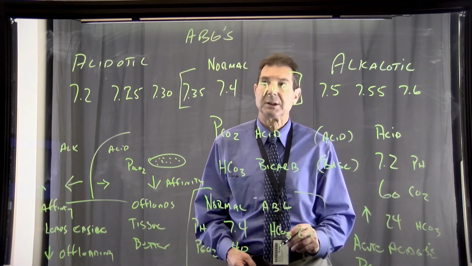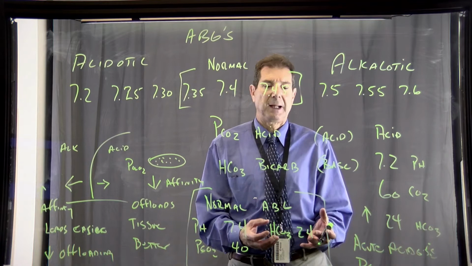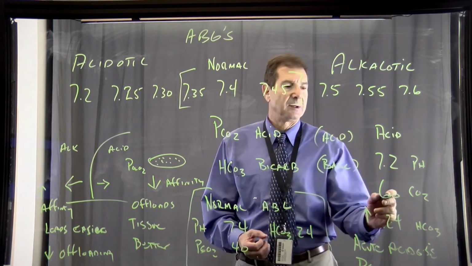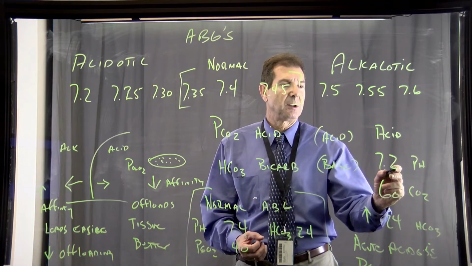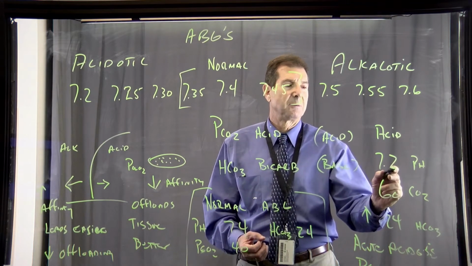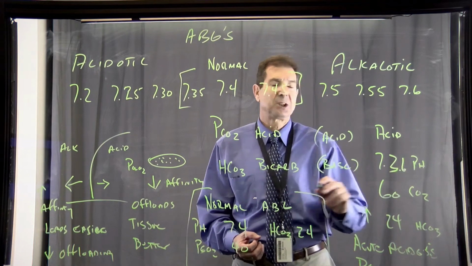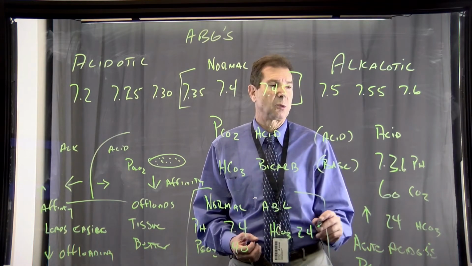It'll try to compensate for that high CO2. It'll hold on to base to balance out the acid. And little by little, this pH will come back into normal range. It'll go back to 7.2, 7.3, 7.36.